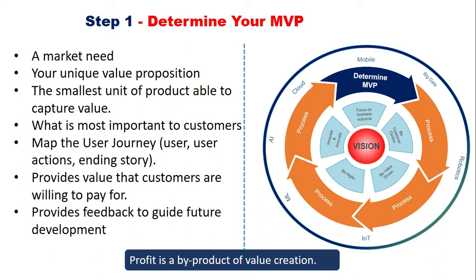Now, the smallest or the minimum viable proposition here could be just having an application on your phone and being able to connect to a driver. Now, in this, what is the most important thing to a customer? In this case, a customer who is stranded or who wants to make a move needs the taxi to be able to come within a particular time, say 5 minutes or 10 minutes.